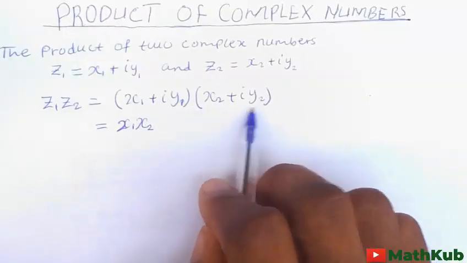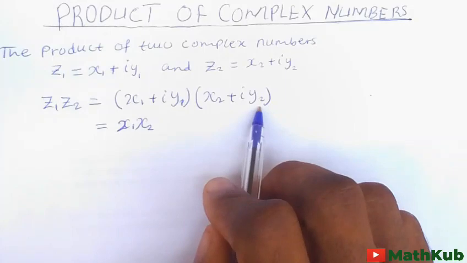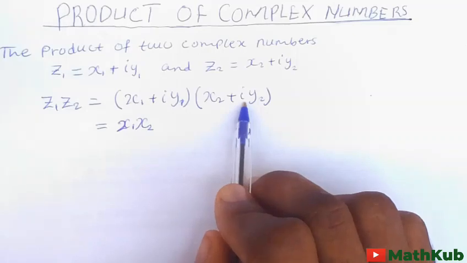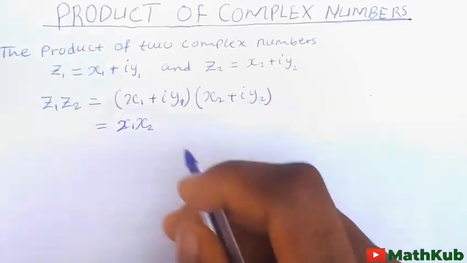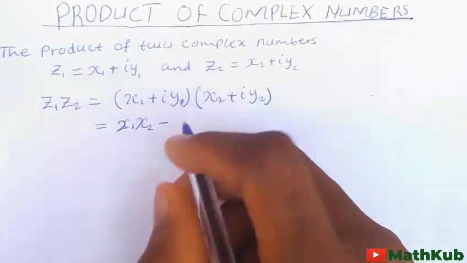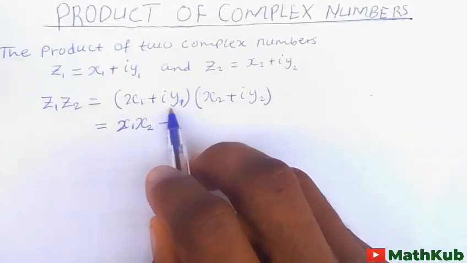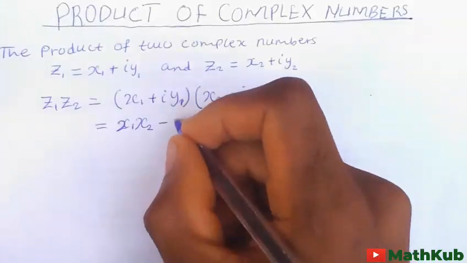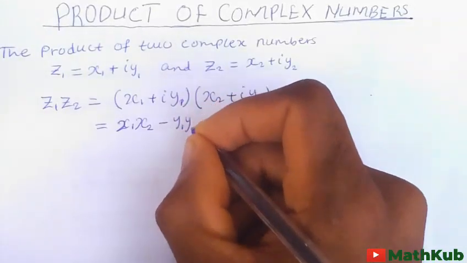Imaginary part by imaginary, we have real, where i times i is minus 1. This place will change to minus, and we multiply y1 by y2, we have y1 y2.